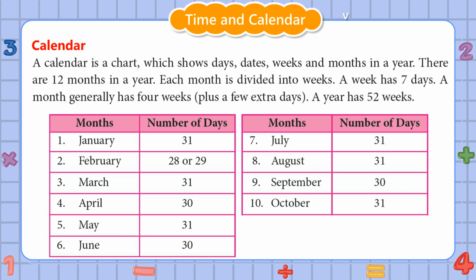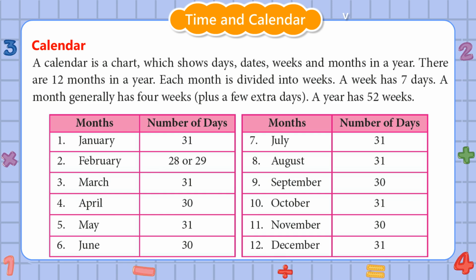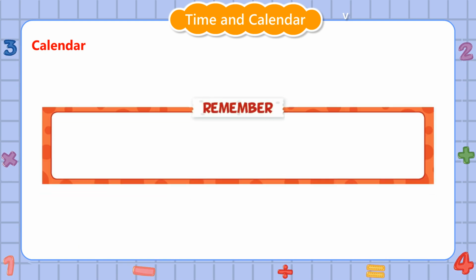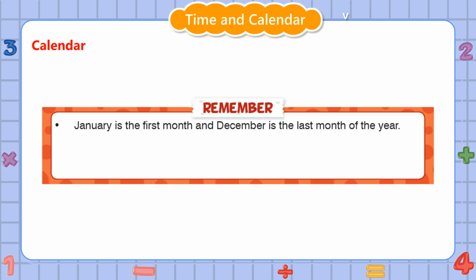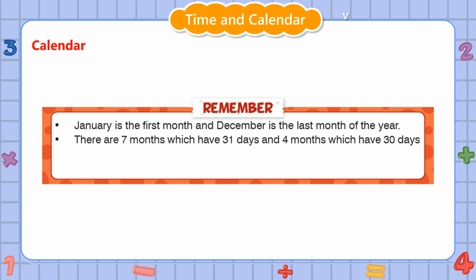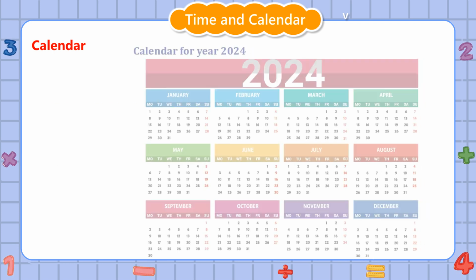October, 31. November, 30. December, 31. Remember, January is the first month and December is the last month of the year. There are 7 months which have 31 days and 4 months which have 30 days each in a year. February has 28 or 29 days.